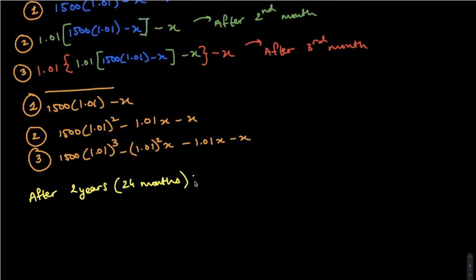If I generate a pattern, what I'm going to have is 1500 times 1.01 raised to the power 24, right? Here, after 3 months, it was raised to the power 3. So after 24 months, it'd be raised to the power 24. Nothing too complicated. I'm just following the same pattern every time, right?